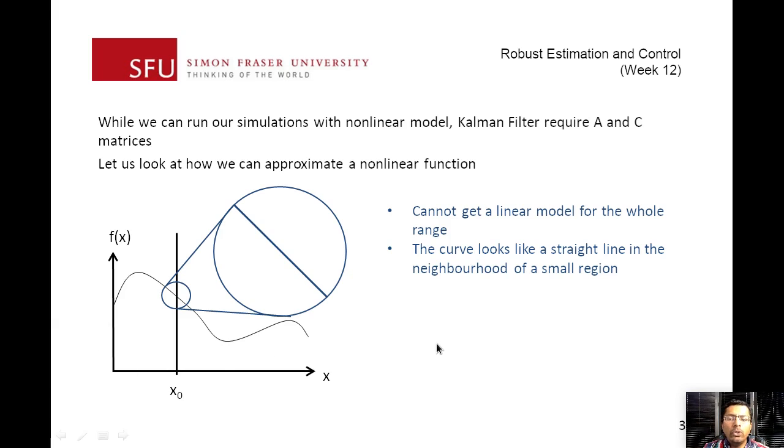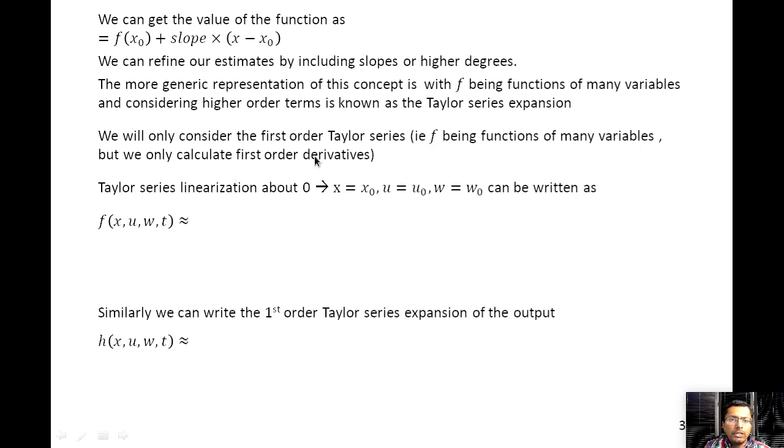So we are going to use this information to essentially do a linear analysis in small segments of the nonlinear system. If you look at the model at any point, if I wanted to calculate x within that small neighborhood, I can say it's going to be f at that value plus slope times x minus x0.